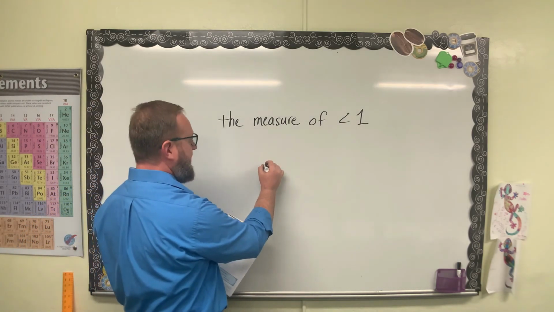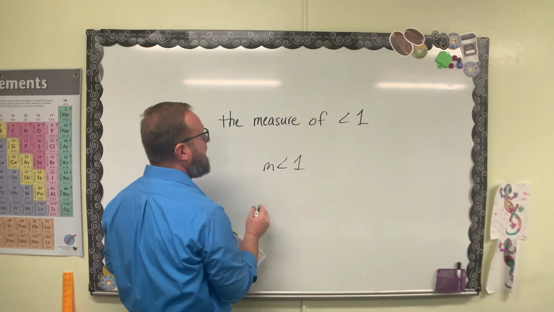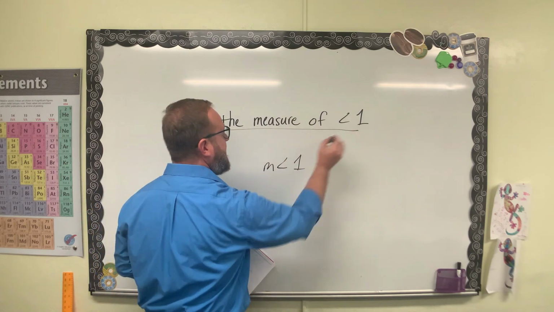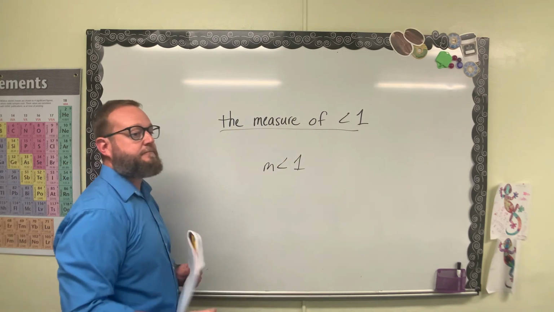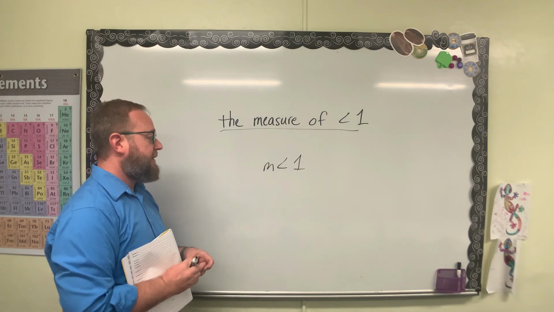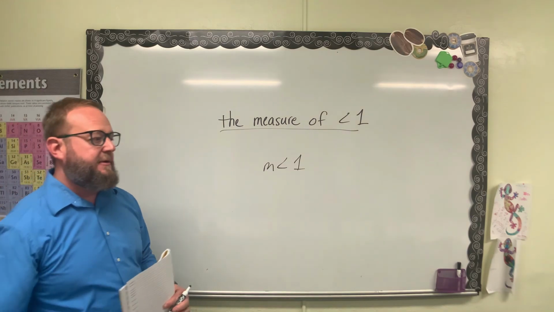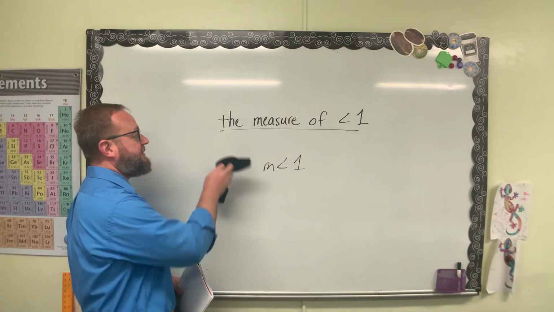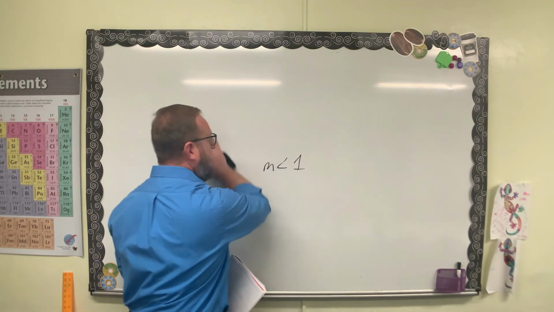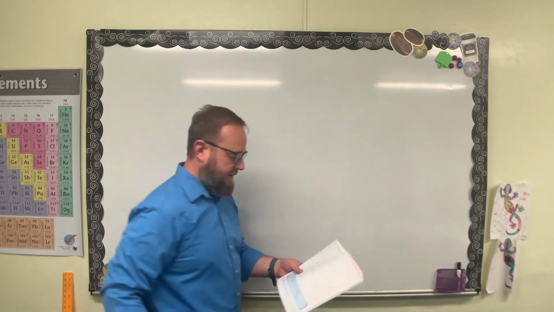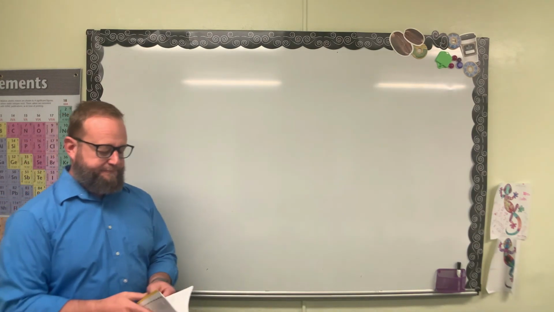If it says M angle 1, you would read that as the measure of angle 1. It's just another way of identifying that angle, but more specifically, you're focused on the measure of it. All right, next page.